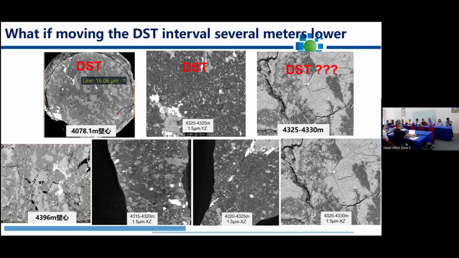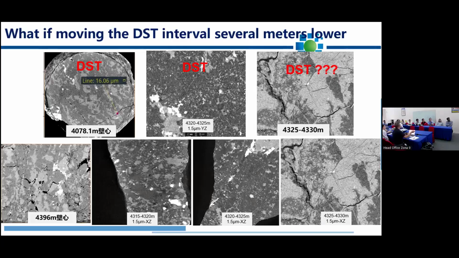I just love this one. I'm not going to mention the name of the well, but this is South China Sea. They did two DSTs, one on this rock, the second on this interval. They got no luck.